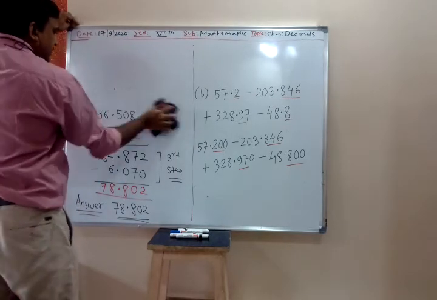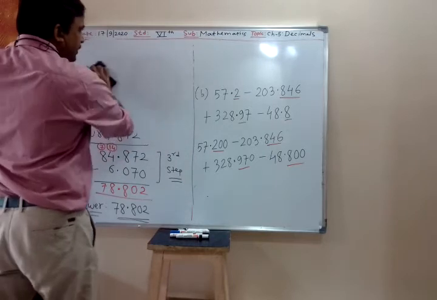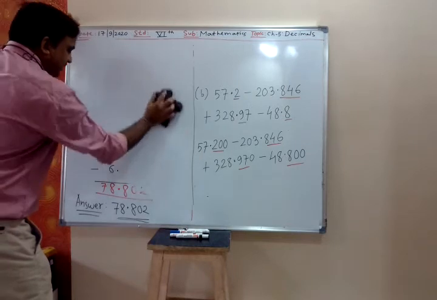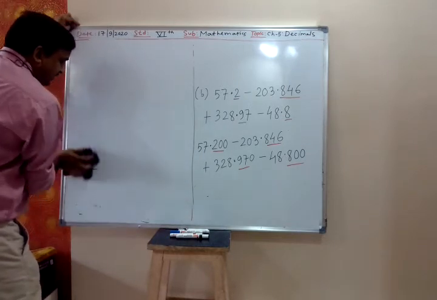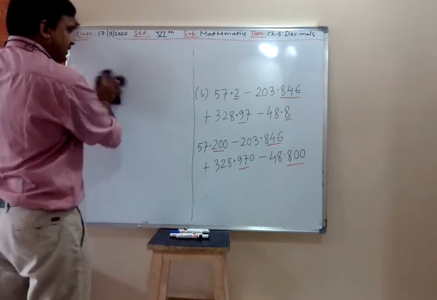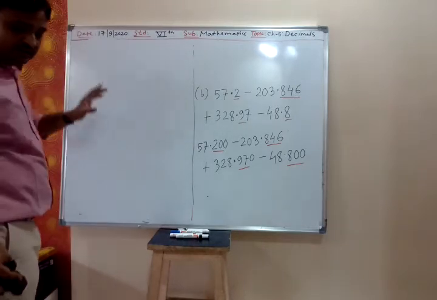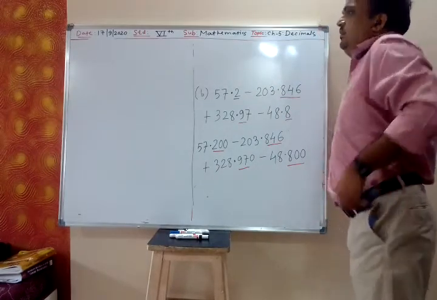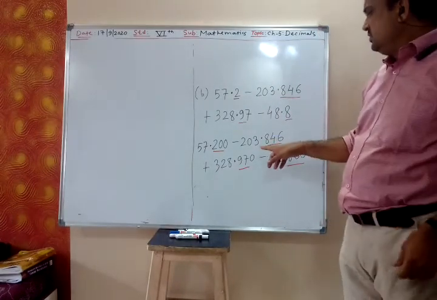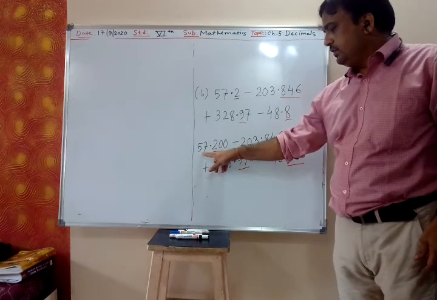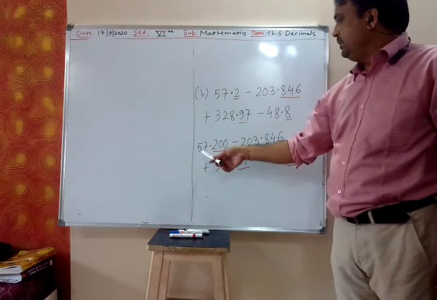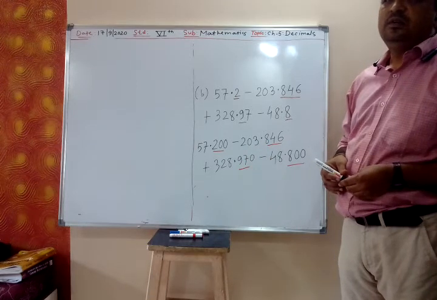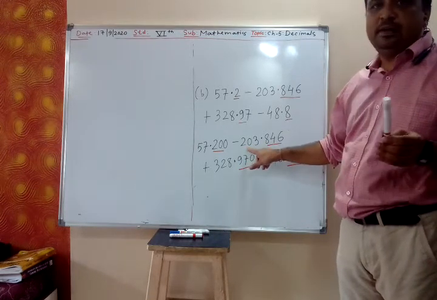See, which numbers do I first subtract? Wait, one minute. See the whole part of 57 and 203. Which number is bigger? 203 is bigger.